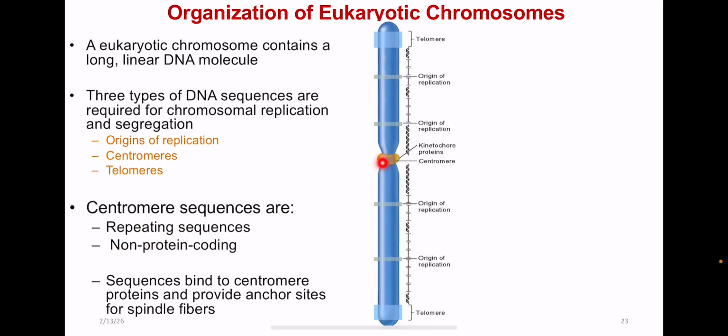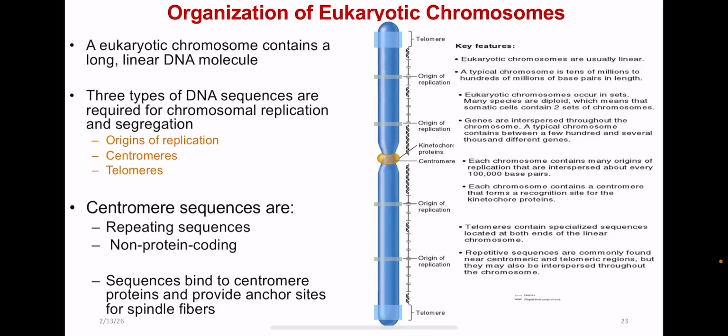The role the centromere plays is that it helps bind the kinetochore proteins during spindle fiber formation. So in mitosis, when the spindle fiber forms for the chromosomes to separate, that's another role the centromere plays. So these are some key features of the eukaryotic chromosome.